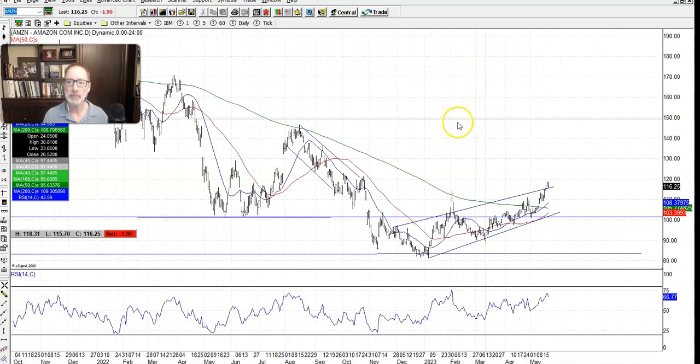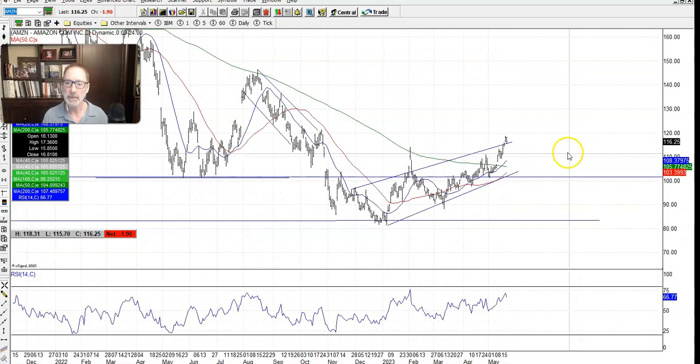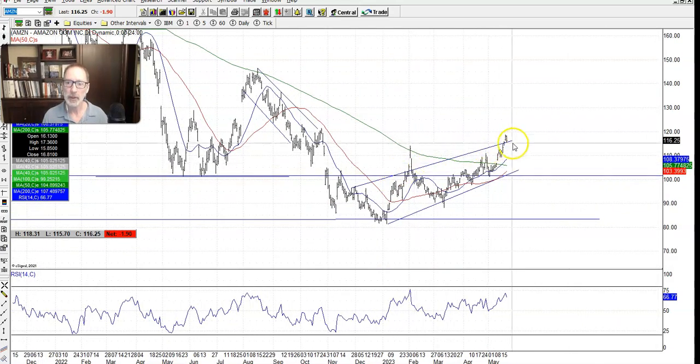Amazon made the lows right around the beginning of the year, bounced off. We had this line drawn a long time ago, so it bounced off that line, bouncing within the channel. But as you can see, it's popped above the upper edge of the channel here, which could mean that it may be in for some very short-term selling, just to bring it back to the middle a little bit, just to get this RSI back down a little bit.